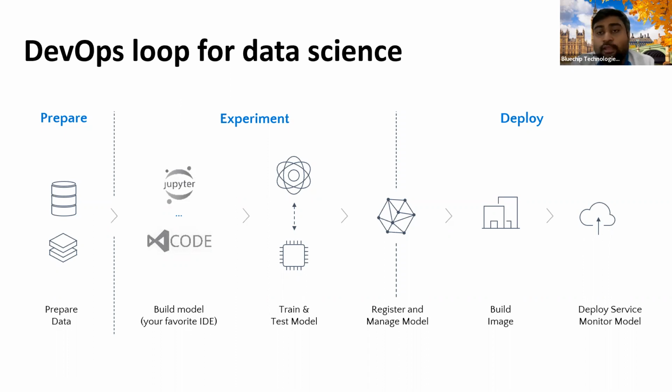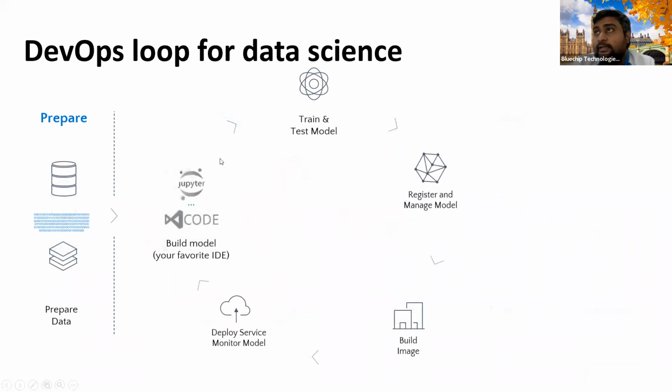Those things are also helpful for data scientists to look at the overall picture, right? Because it's an end-to-end process, and it's a never ending process. Once you complete the model and deploy it, it's not going to end there. We need to monitor it, and we need to update it with the changes happening in the environment.